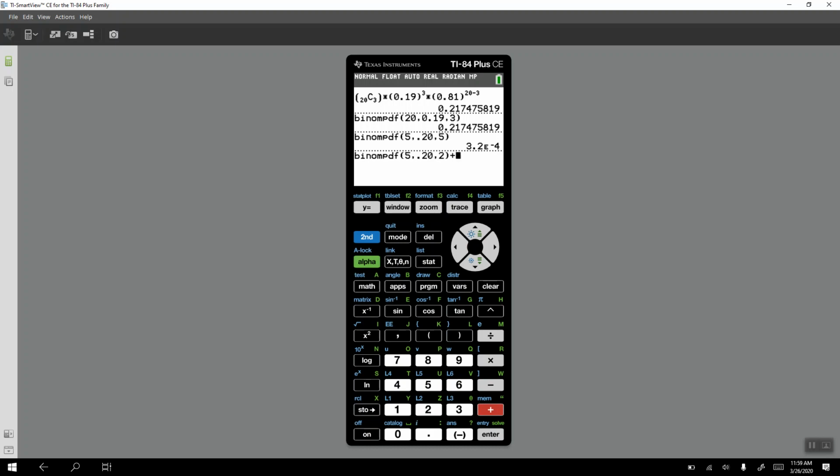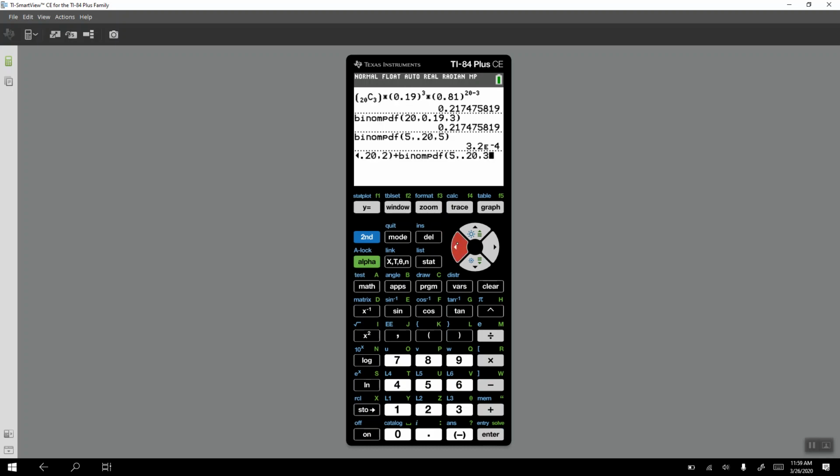So I'm going to go through the exact same process now. Second distribution. Here we are. We're going to go to binomial PDF. Here's another trick. You don't want to scroll, but you know where it's at. Remember, it was in list A or category A. So I'm going to hit alpha A. There we are. Binomial PDF automatically. 5, success was 0.2, and this time 3 trials. Ooh. There we go. This time 3 trials. Paste that.